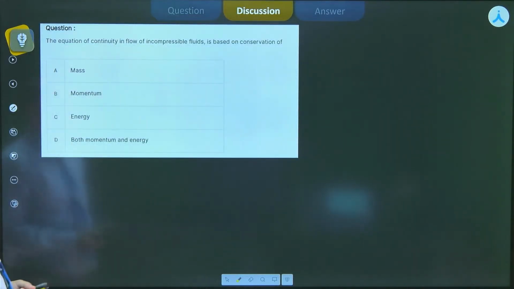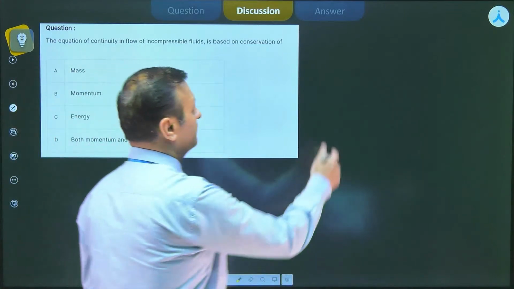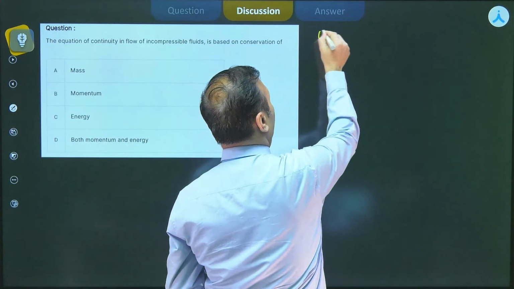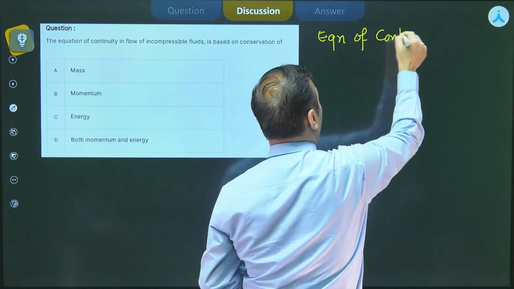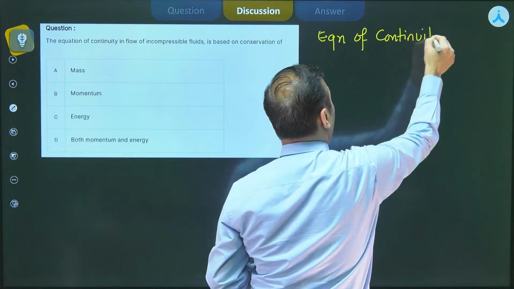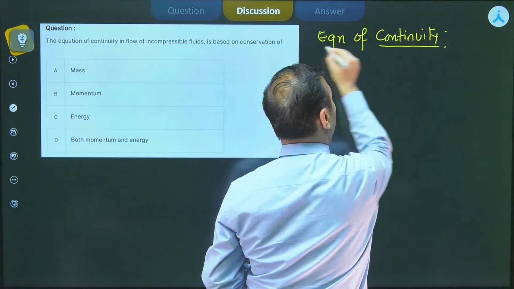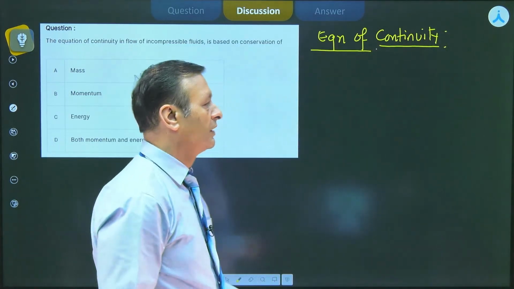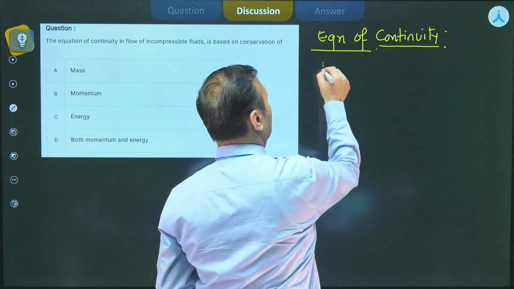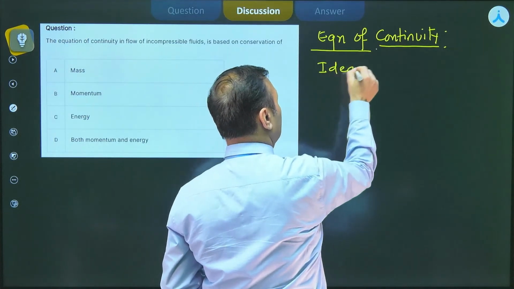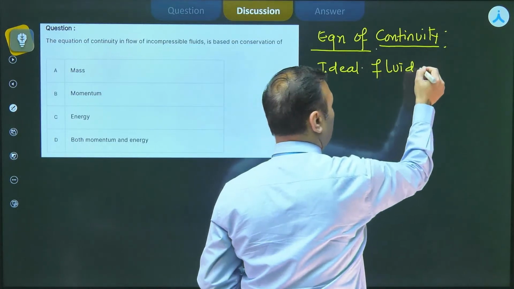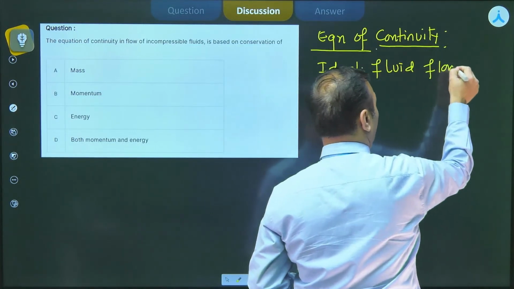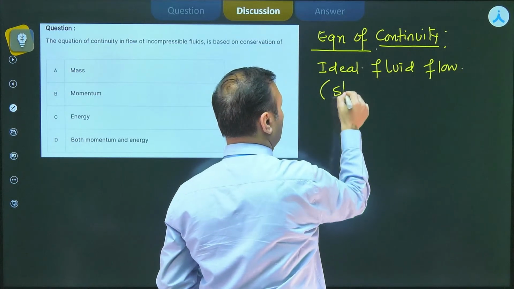Now we have equation of continuity. So this equation of continuity is for ideal fluid flow, or what kind of flow we are talking about?